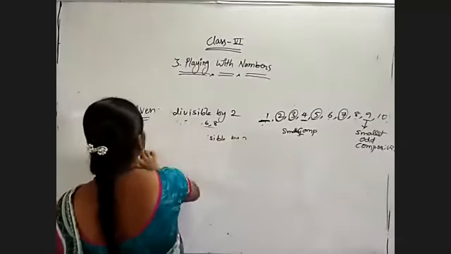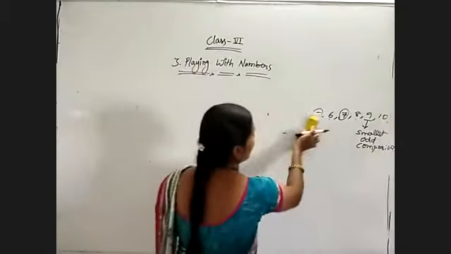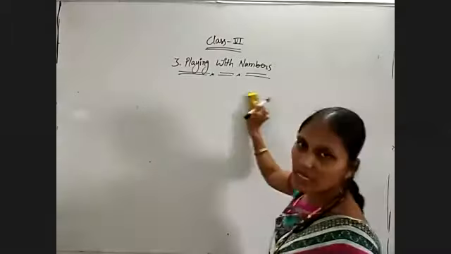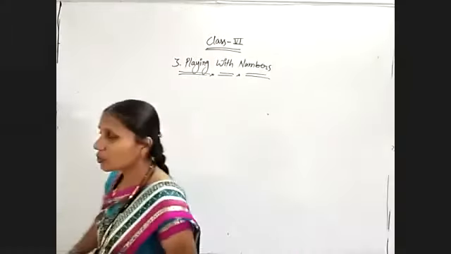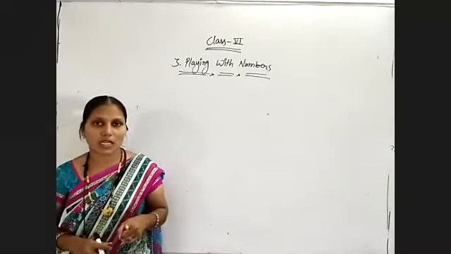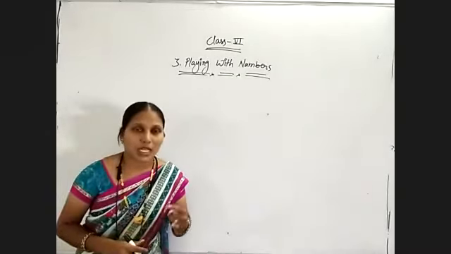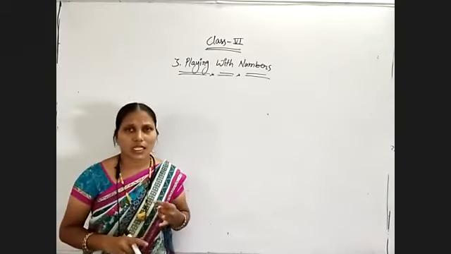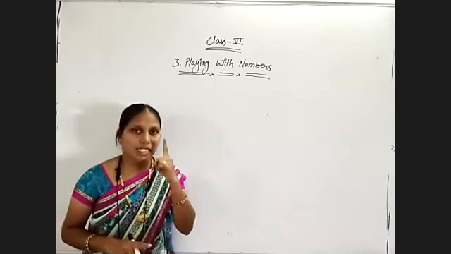And after this, we have co-primes or relative primes. Co-primes or relative primes are nothing but numbers whose HCF is 1, such numbers are said to be co-primes. HCF is 1 means what? There is no common factor except 1.